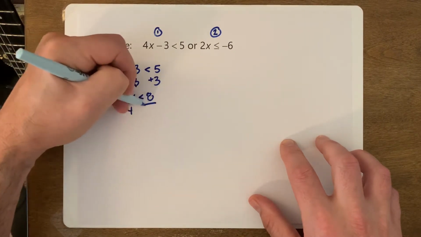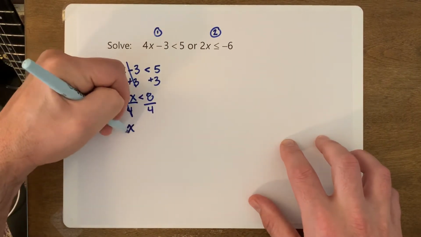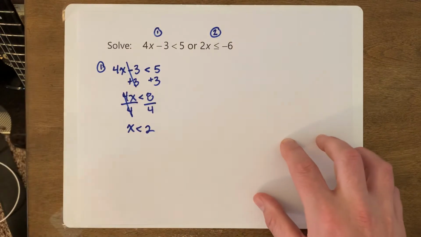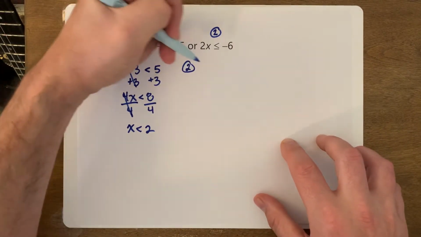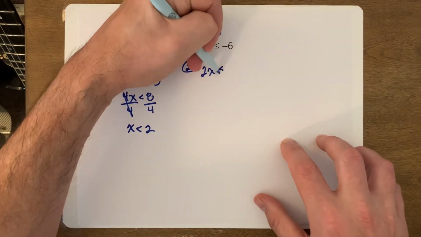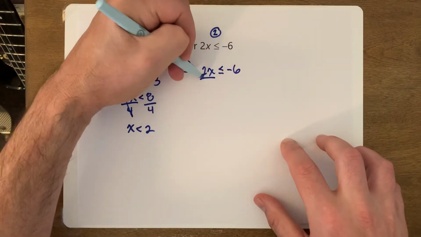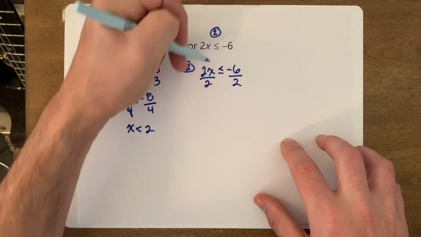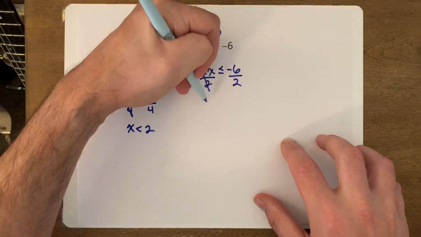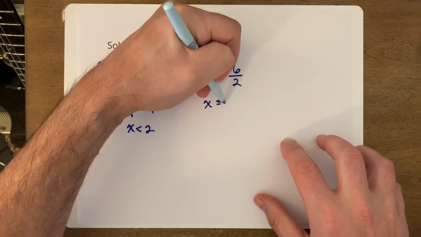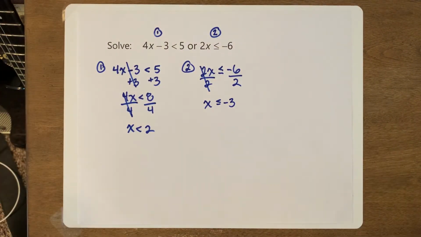Divide by 4. And so x is less than 2. All right, second one, 2x less than or equal to -6. Divide by 2. Cancel that out. And we get x is less than or equal to -3.